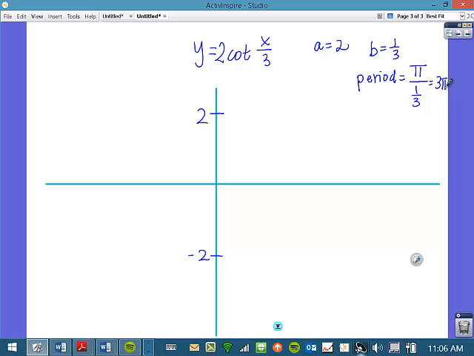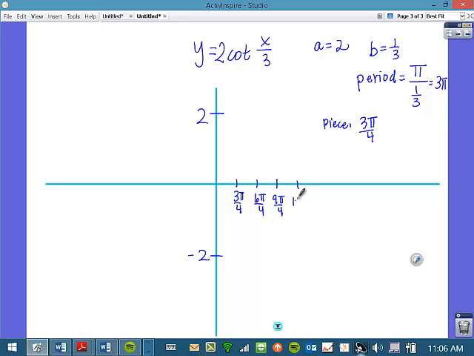So you're still going to take your period and split it into 4 pieces. So I'm going to take my period, 3 pi, split it into 4 pieces. So each piece is going to be 3 pi over 4. I'm going to start at 0. Then my first piece is 3 pi over 4. My next piece is 6 pi over 4. My next piece is 9 pi over 4.